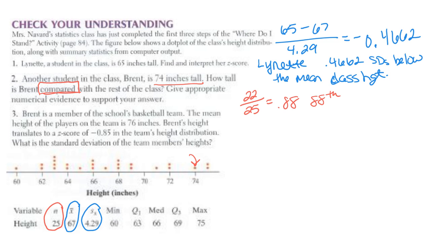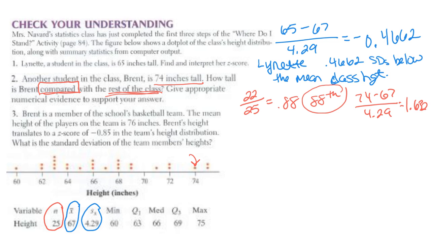You can also find his Z-score being 1.632. And so you could also state that he is approximately 1.632 standard deviations above the average height. But again, if I'm comparing it to the rest of the class, stating that he's at the 88th percentile and showing my work to get there might be the better way to go here.